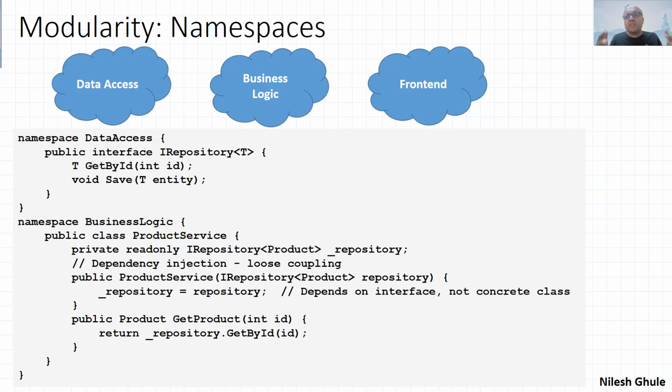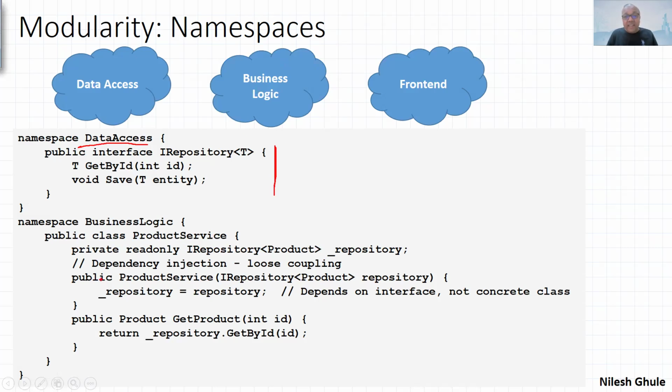Suppose I want to write a typical web-based application where you need some sort of backend data access, you want some business logic, and then you want some front end where you serve that data to your client. So instead of putting all that functionality into one class or even multiple classes, you can logically divide it into namespaces. I can have one namespace for data access, and this data access namespace will have all database-related interfaces, database-related classes, and so on and so forth.